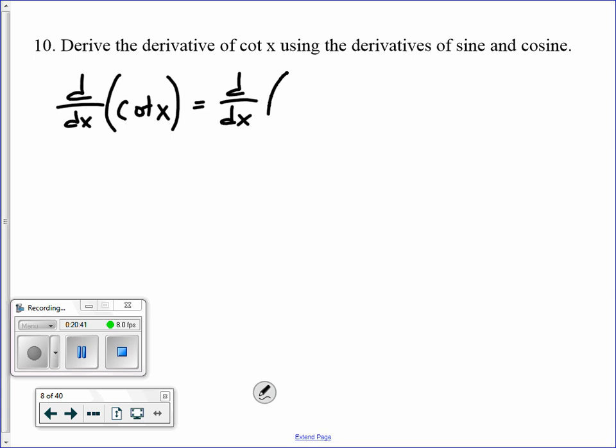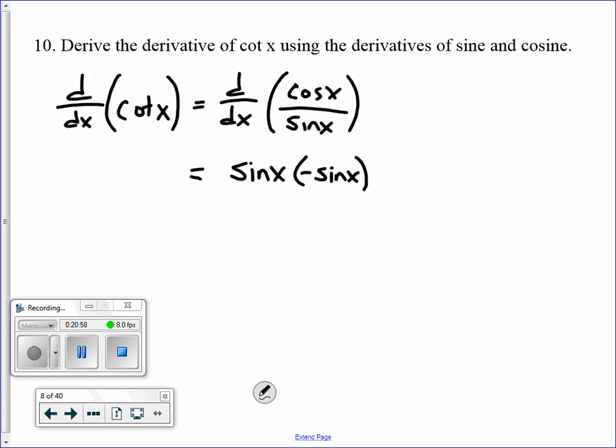But that's no problem. We know cotangent x is equal to cosine x over sine x. So we'll use the quotient rule. So it's low times the derivative of high, the derivative of cosine x is negative sine x, less high times the derivative of low, which is cosine x, all over the denominator squared.